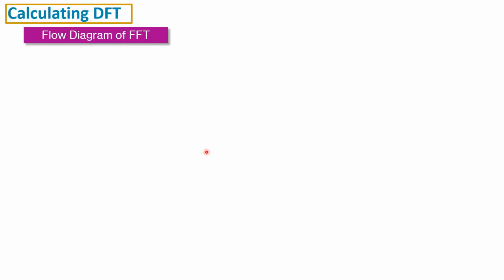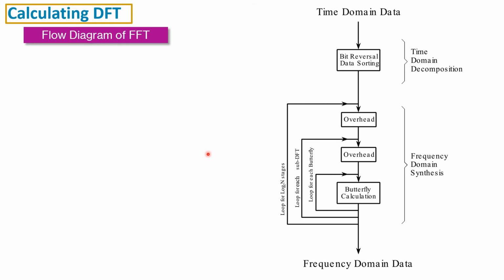The overall process is represented with this flow chart. So the signal starts with the time domain, okay, the bit reversal and data sorting is done here, okay. So the bit reversal, data sorting, as we have seen in the previous slide, this is the decomposition, actually time domain decomposition by bit reversal, data sorting, and then the loop comes here, in which there is the calculation of the FFT composition.